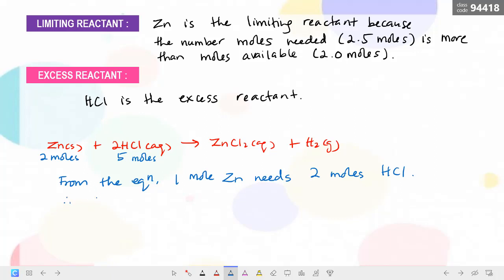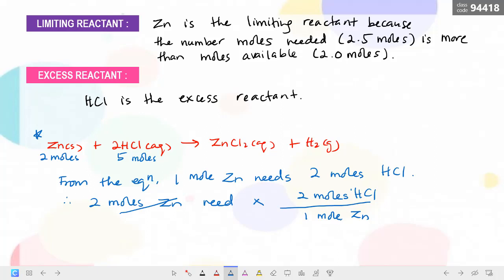So you have provided to you 2 moles zinc need how many moles of HCl? So kita guna perkadaran macam biasa. Kita memang kena refer kepada equation ini. Okay, so I have to divide with 1 mole zinc times 2 mole HCl.